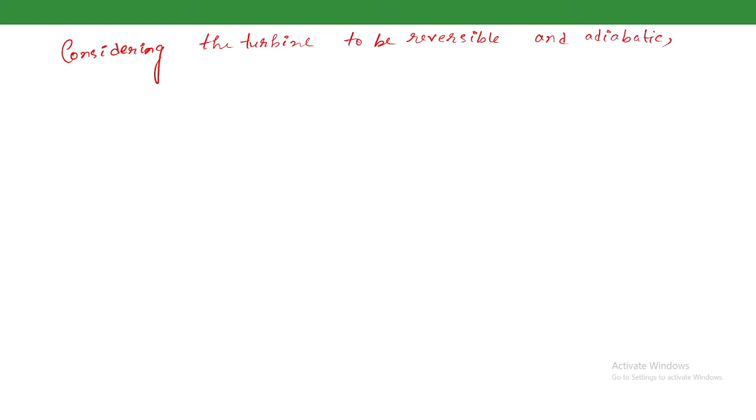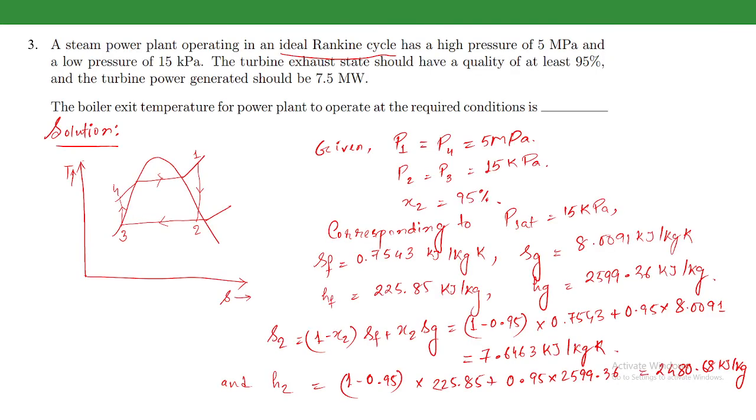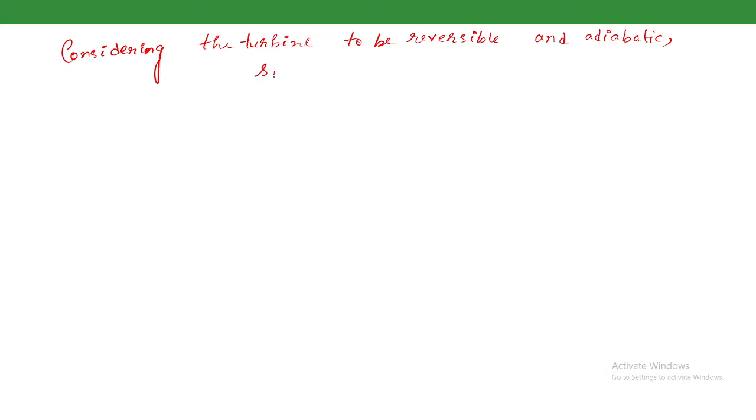So, considering the turbine to be reversible and adiabatic, S1 is equal to S2, which is equal to 7.6463 kilojoule per kg Kelvin.